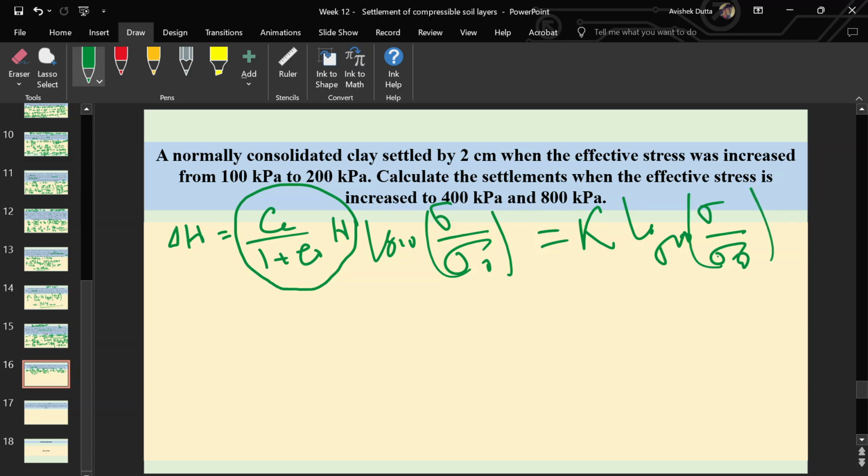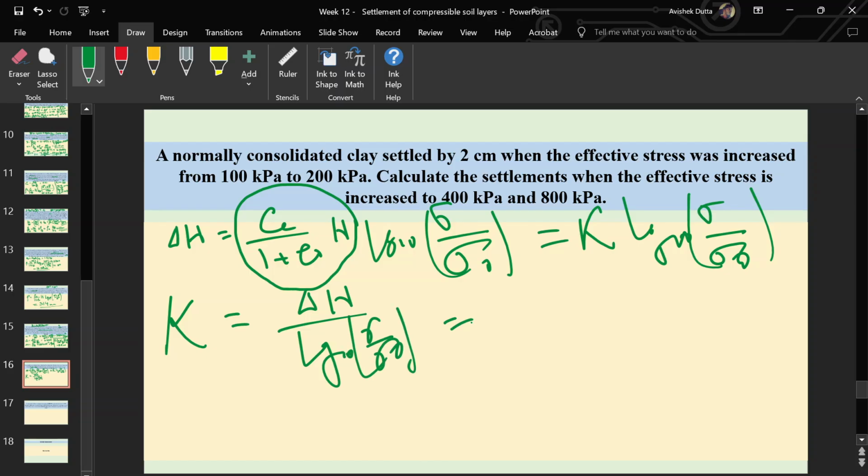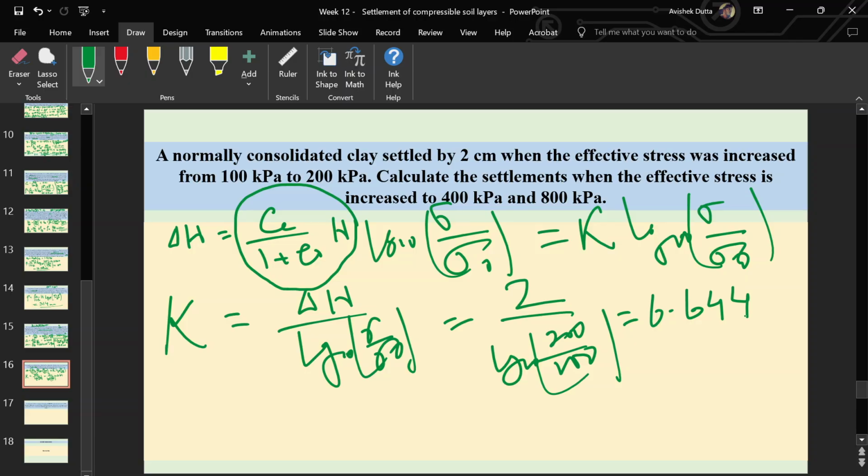Okay, so in the first case scenario, delta H is given as 2 centimeter, divided by log to the base 10 of 200 by 100, you get 6.644.